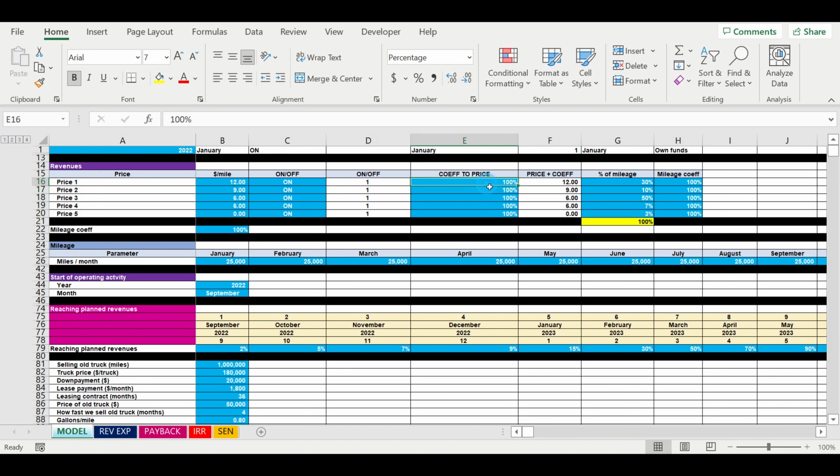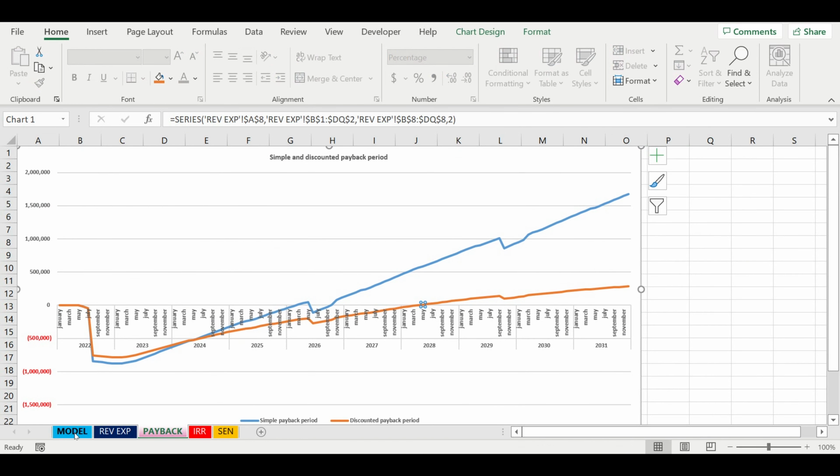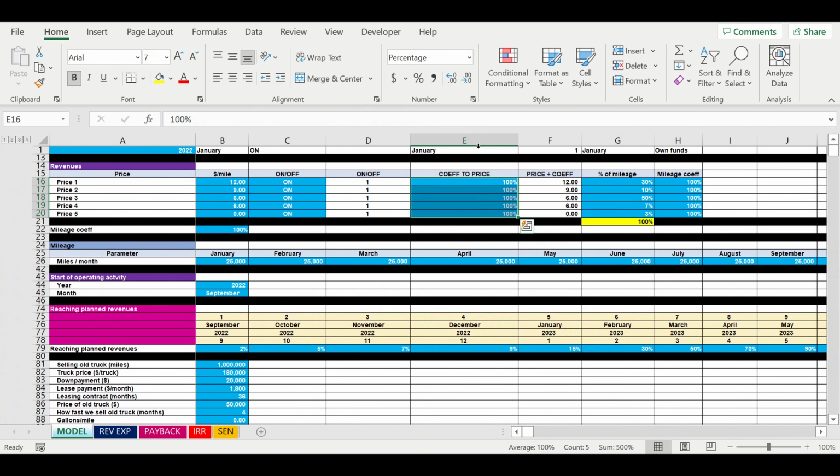Also, we've created some coefficients to price. For example, when we build the cash flow statement and see the payback period, we would like to play with inputs and quickly create scenarios.